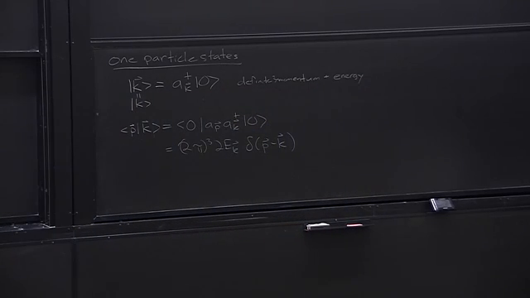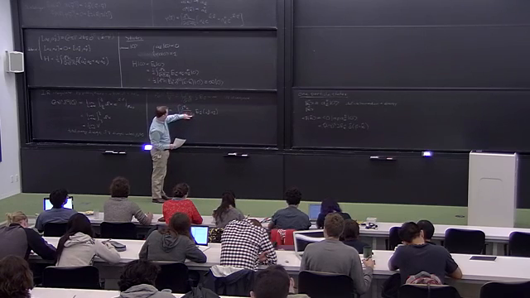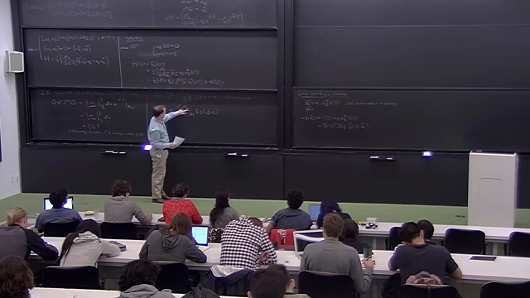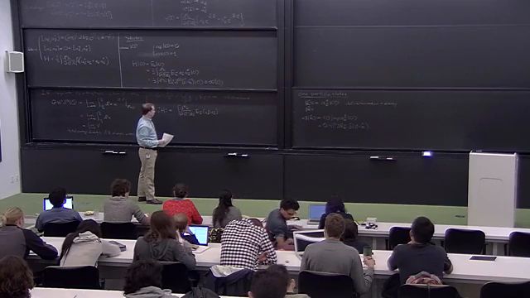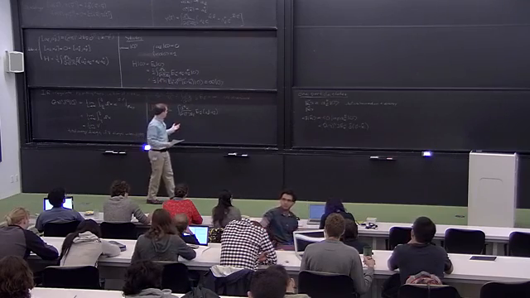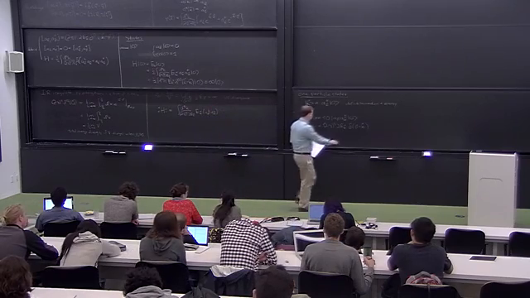So we've got 2E_k instead of 1 over 2E_k, and we've got a delta function instead of an integral d^3k. And our delta is kind of the opposite of integrating with respect to a variable. But this is Lorentz invariant.